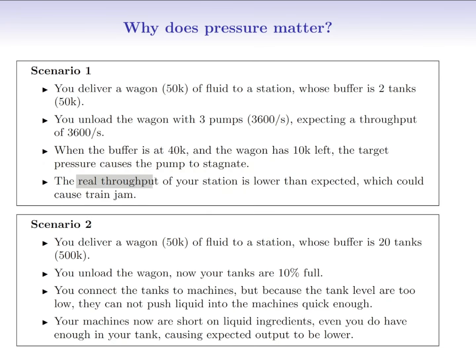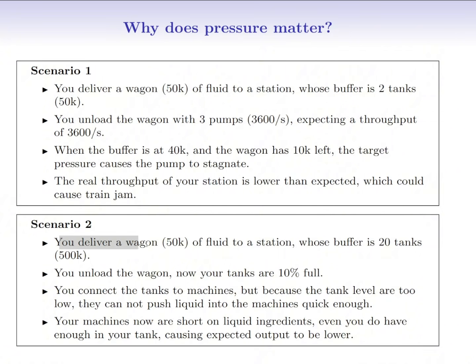And so the real throughput at this last 10k of these pumps would be much lower than 3,600. So it in fact takes longer than expected for the train to unload, which could cause a train jam if you have set up your train system to be sensitive to these problems.